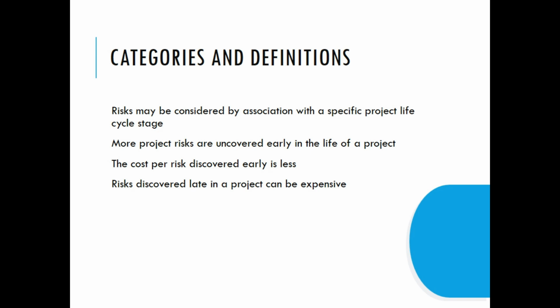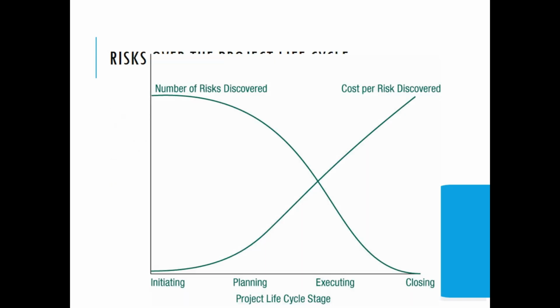So a lot of rework has to be done. The number of risks discovered decreases as we reach the closing phase, and the cost associated with a risk found further and further towards the end of the project life cycle increases exponentially.